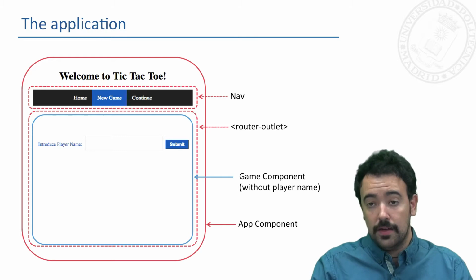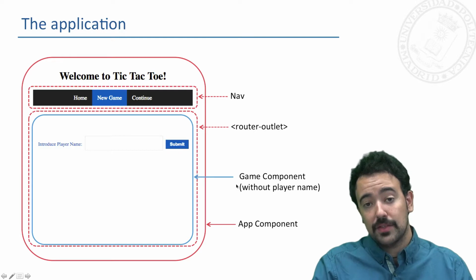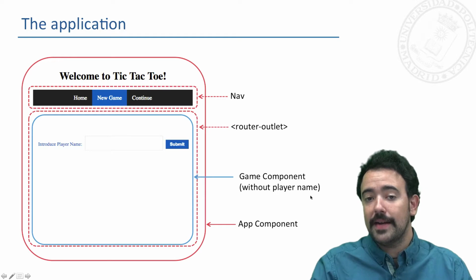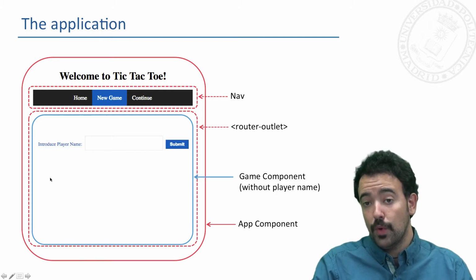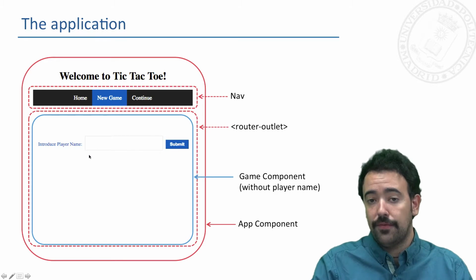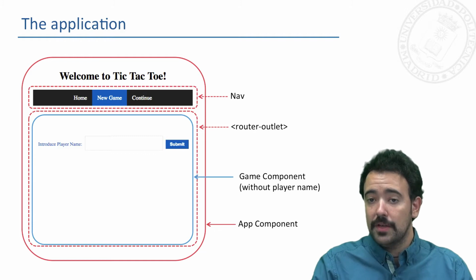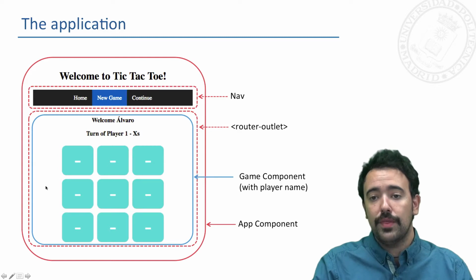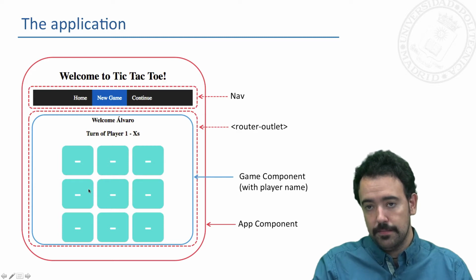So when the user clicks on new game, we will render the game component, but as we will see later, the player name property that will be included in the state of the application will be empty, and the application will know that it has to render the form in order to introduce the player name. When the player name is already set, we will render the same component, the game component, but with the empty board in order to start playing.